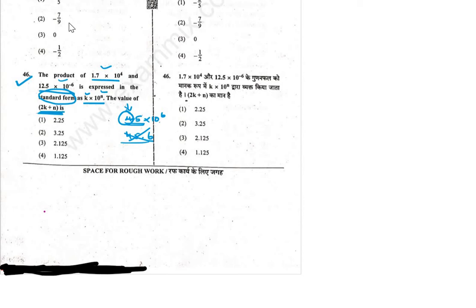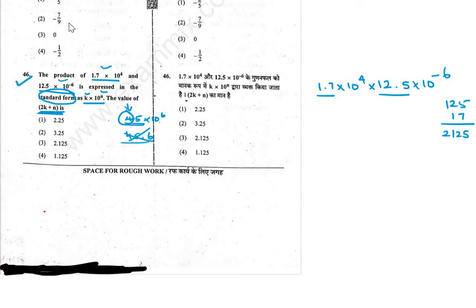So here we have 1.7 into 10 to the power of 4, and 12.5 into 10 to the power of minus 6. Multiply these two, normal multiplication: 125 into 17 means 2125.